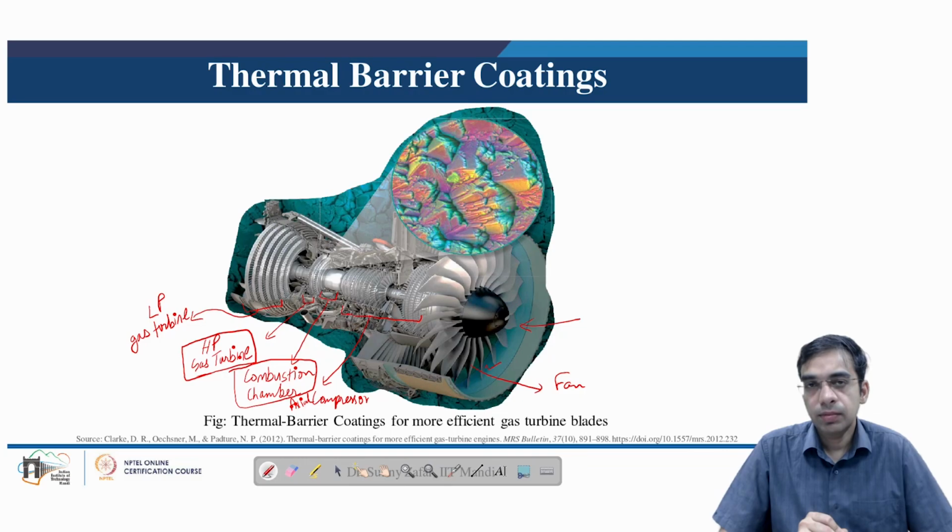So as the name of the coating is suggesting, thermal barrier means these coatings act as a barrier towards heat flow from the heat which is generated because of combustion of natural gas to the parts on which it is applied.